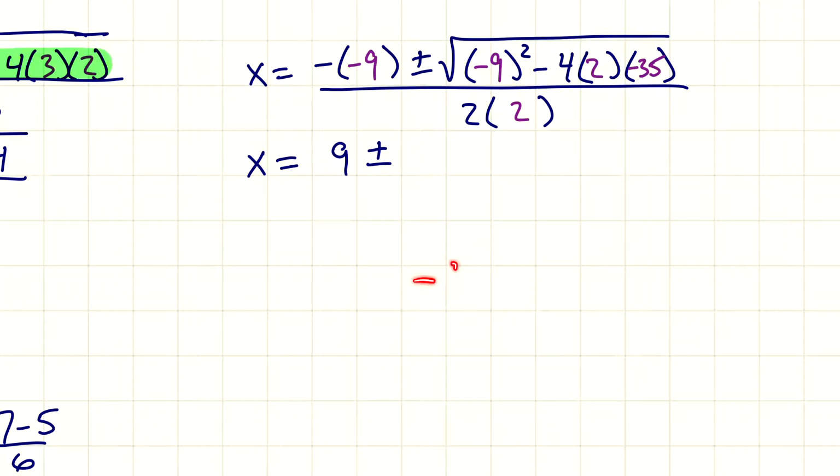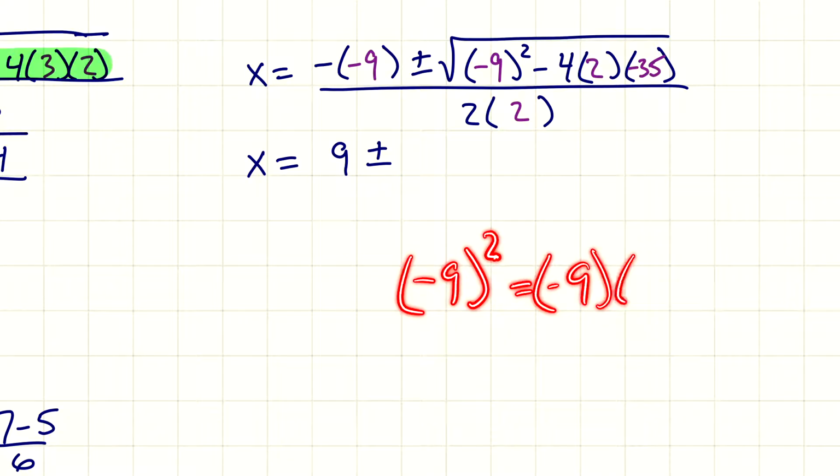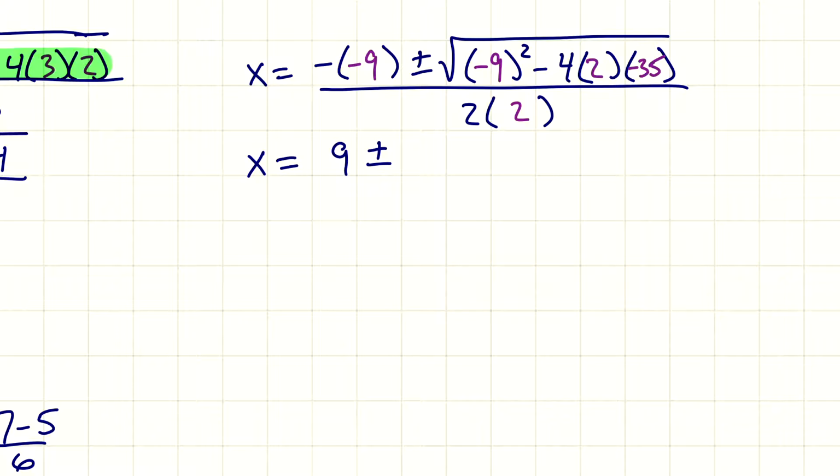We want -9 with parentheses squared, which means this is the same thing as -9 times -9, which equals +81. All right, so be careful there. Either work it out on paper or in your head properly, type it into the calculator properly. Whatever you're going to do, just make sure you get those numbers correct. So this is going to be 81.